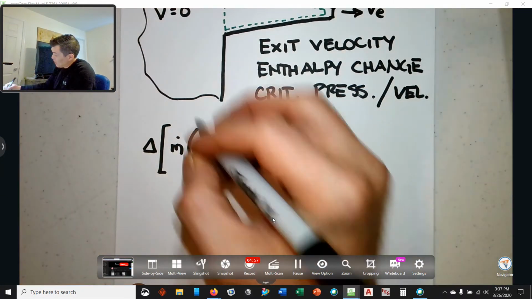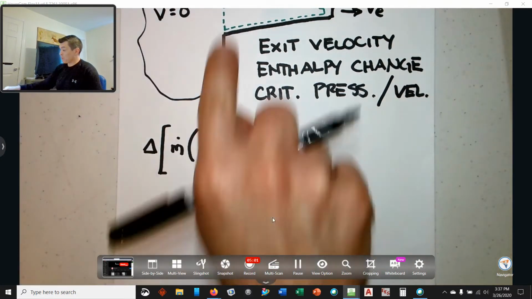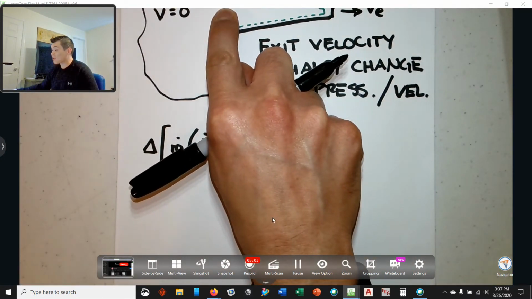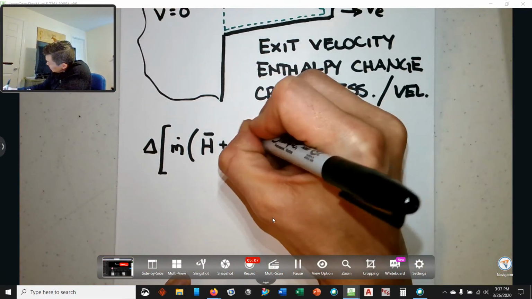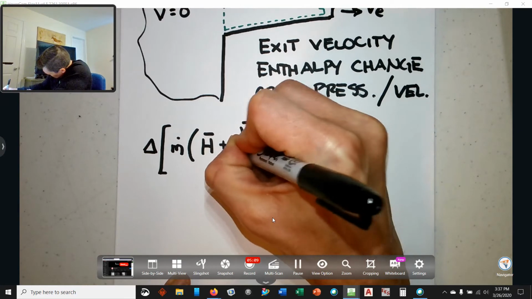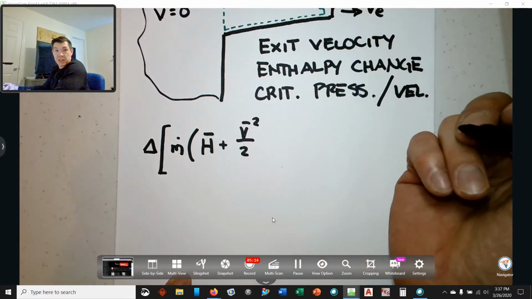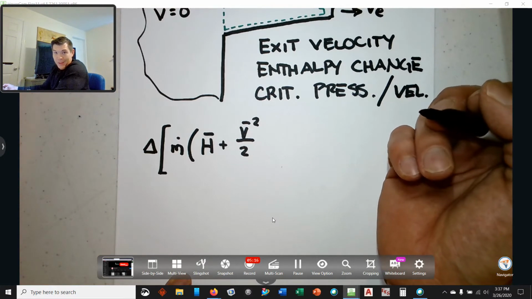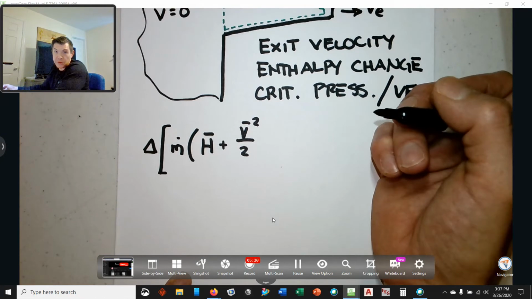So it might come in at a certain specific enthalpy, right? The enthalpy of the fluid might be really high or really low as it's entering this control volume. It could have certain kinetic energy. And we might consider gravitational potential. I don't think we'll be doing that with a gas, right? We typically neglect gravity when we're talking about gases, and we'll do that in this case.